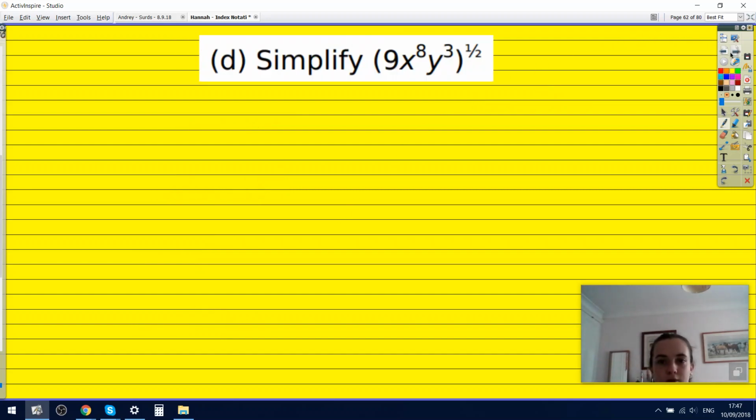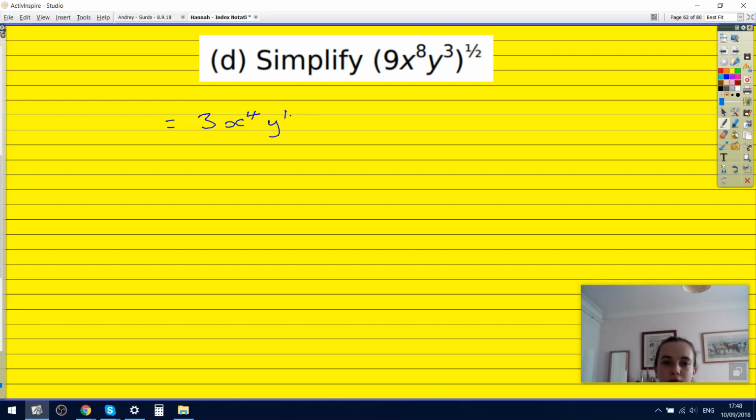Okay, tricky one. Let's try simplifying this. To the 3. Mm-hmm. x to the 4 and then y to the 1.5.